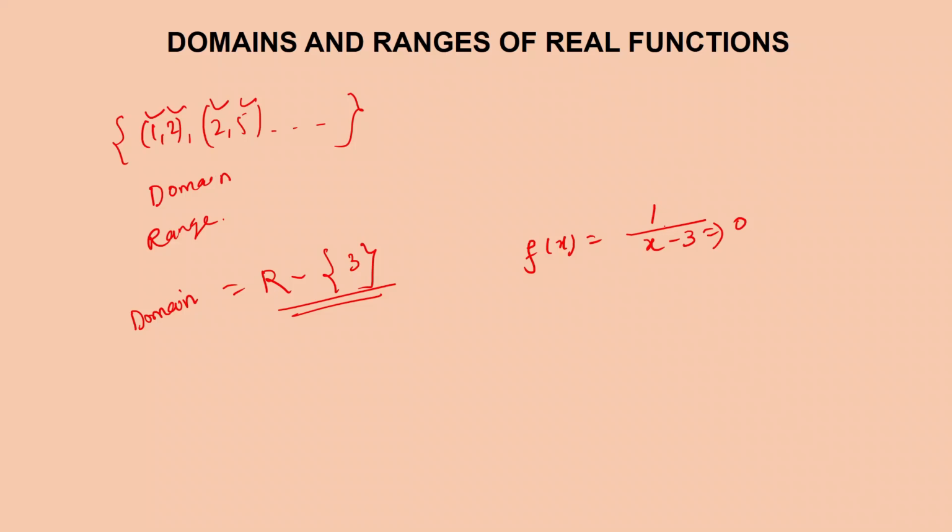So in order to write down the domain of some function, just remove those points for which the function gives you undefined values. This is what the domain is: the set of all those points for which the function gives you defined values.